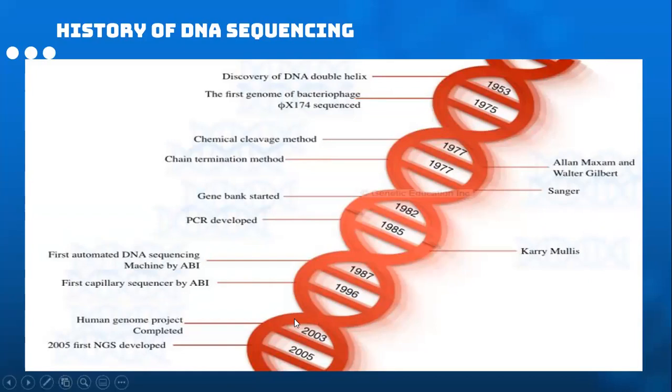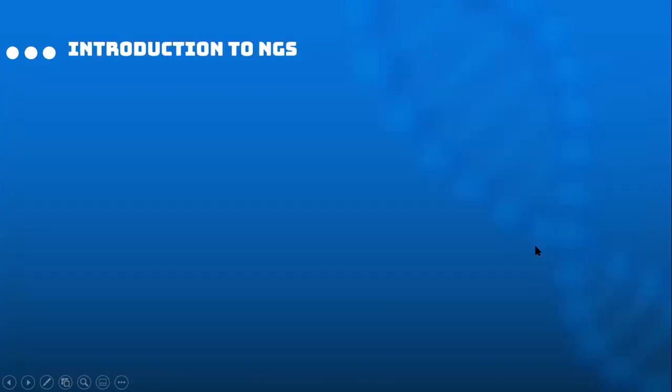After that, the Human Genome Project was completed by using a combination of all these methods in the year 2003. In the year 2005, the fast, accurate, reliable, and highly efficient next generation sequencing technology was postulated by the Solexa Illumina.